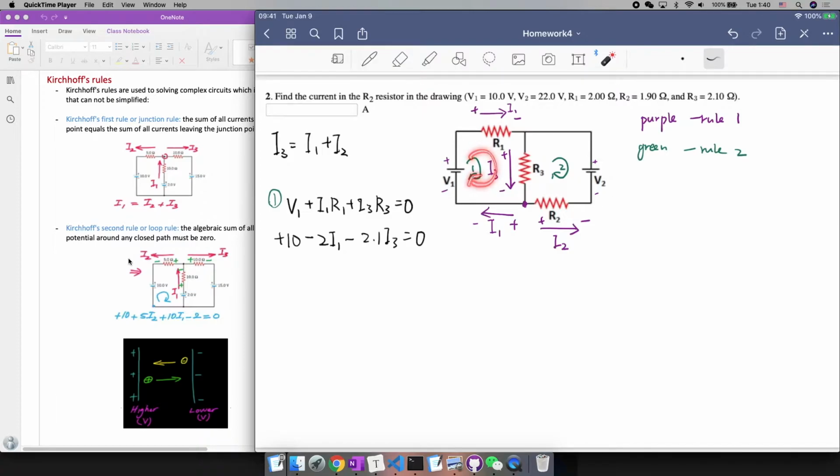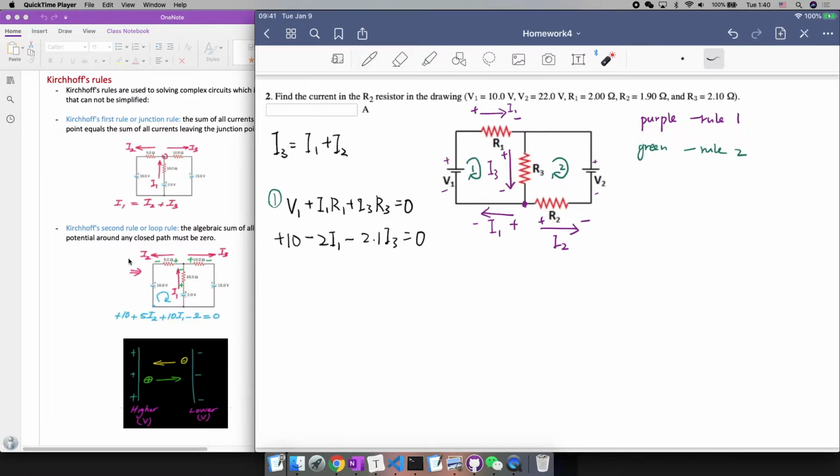Okay. How? Oh my god, how do I actually explain this? This part sometimes confuses me, even though I know how to solve these questions, because of the direction I choose. So in rule 1, right? Notice the purple drawing.